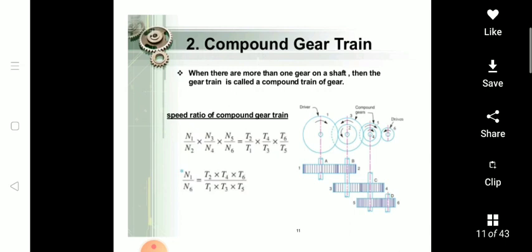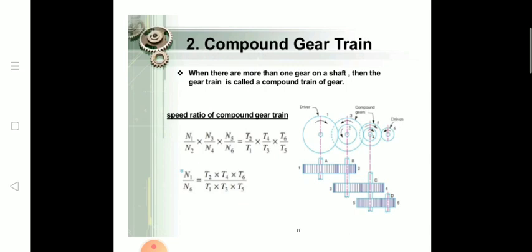Because the diameters of the intermediate gears are always different, so the numbers of teeth on the intermediate gears are not equal. So the speed ratio for the compound gear train is written as n1 upon n2 multiplied by n3 upon n4 multiplied by n5 upon n6, equal to t2 upon t1 multiplied by t4 upon t3 multiplied by t6 upon t5.